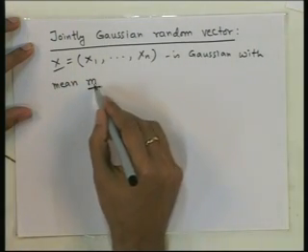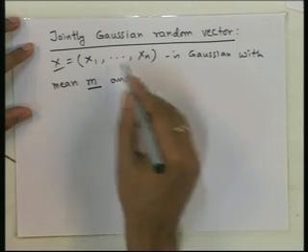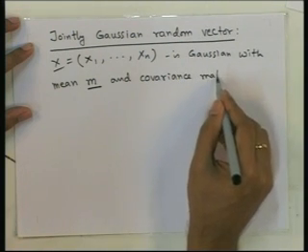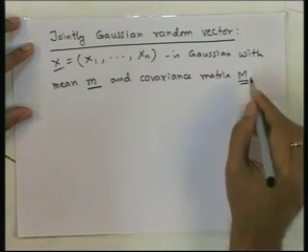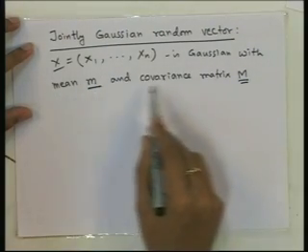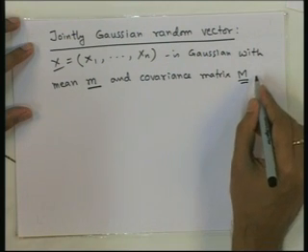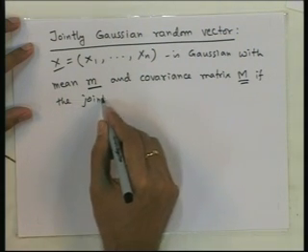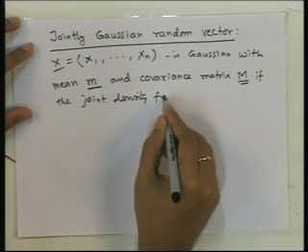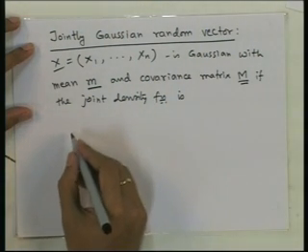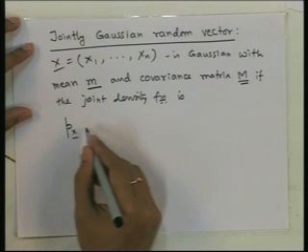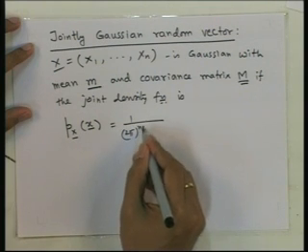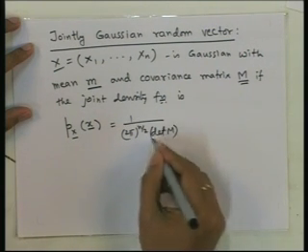So, mean m, which is a vector, and the covariance matrix M. This is a Gaussian with mean m and covariance matrix M if the joint density function is given by p of x at the vector x is 1 by 2 pi power n by 2, determinant M power half.